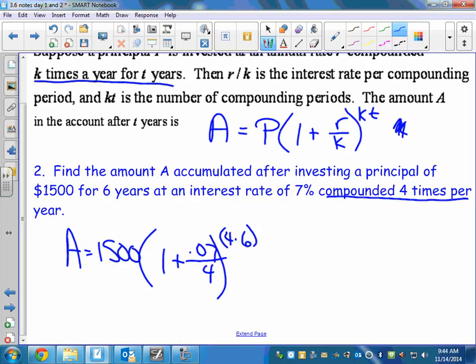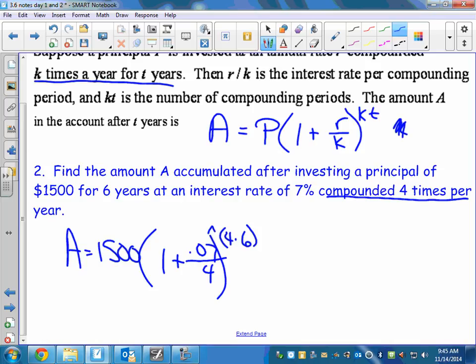If you're typing this all at once in your calculator, very important that you use correct parentheses, because if you raise that to the power of 4, and then you multiply by 6 without parentheses, you're going to get a very wrong answer, because your calculator will do the power of 4 and then take the whole thing times 6. Or you could just say in your head, 4 times 6 is 24, and just take it to the 24th power and not have to worry about it. But again, part of the test is knowing how to use your calculator, which is why I keep trying to make you use the calculator in class.